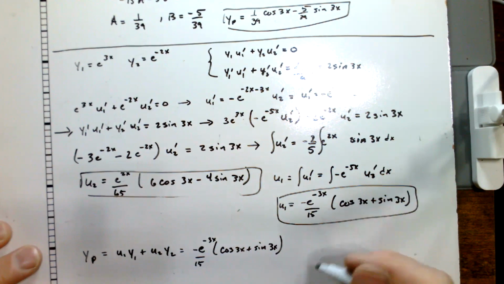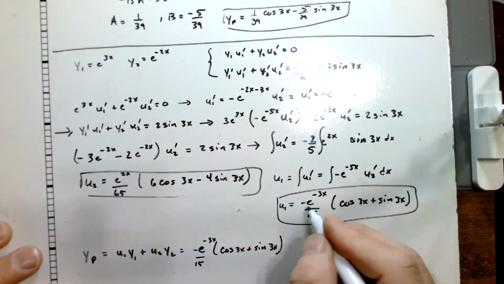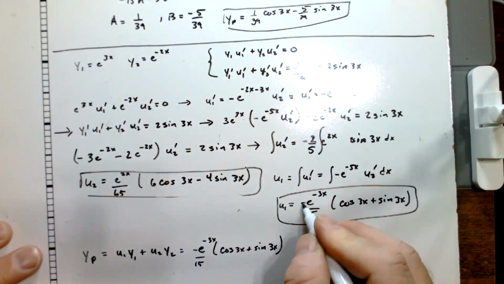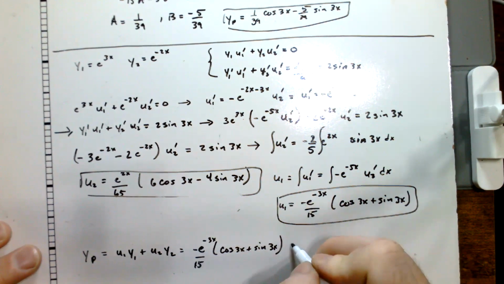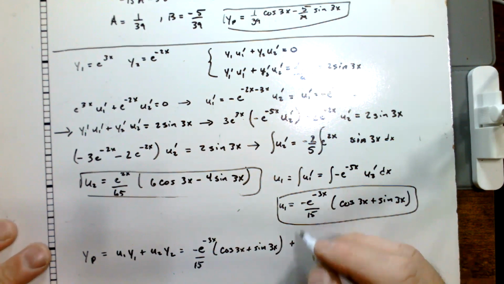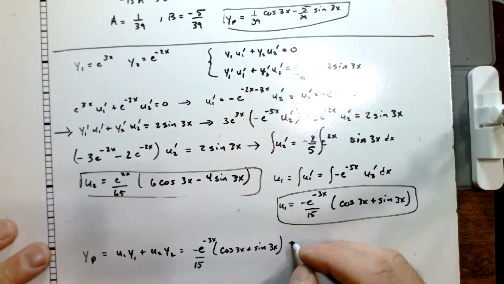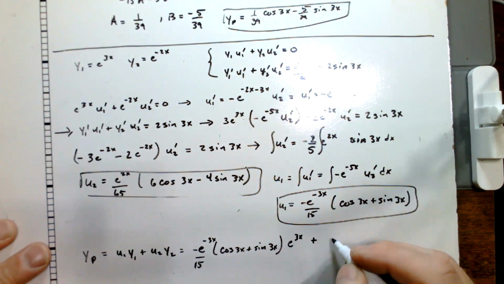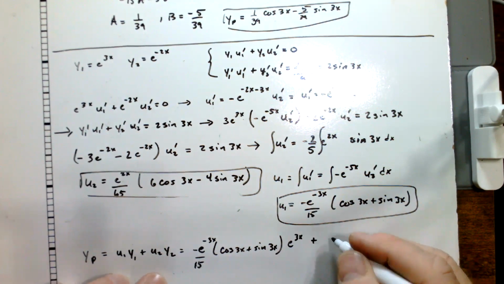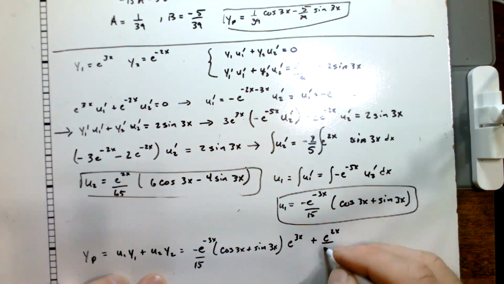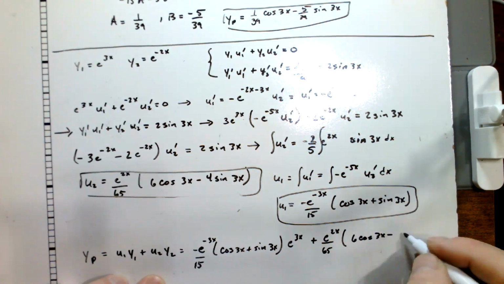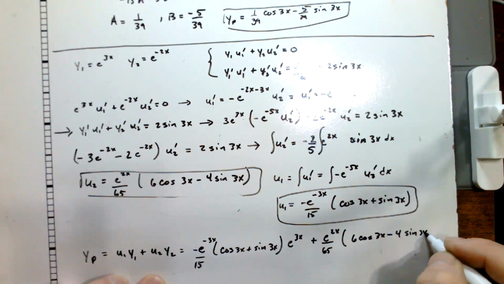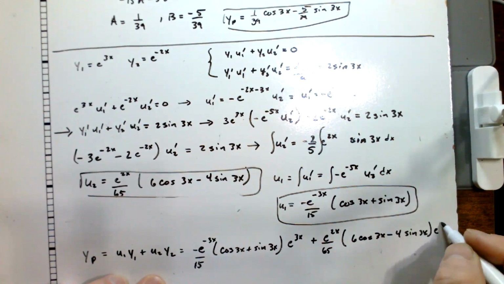I was surprised that you get two positives there. I mean, it's all negative, but the negative gets factored out. I was assuming that there would be mixed signs when I was actually doing it. And then times y1, which was e to the 3x, plus u2, which was e to the 2x over 65 times 6 cosine 3x minus 4 sine 3x, times y2, which was e to the minus 2x.